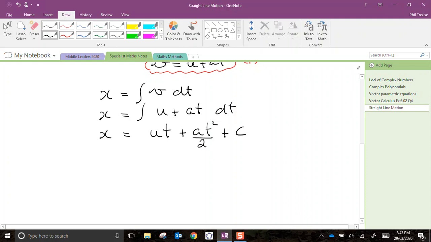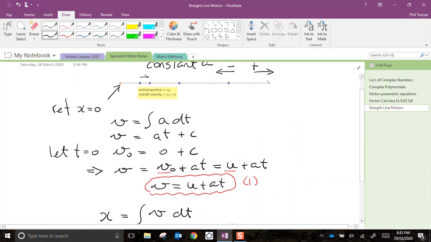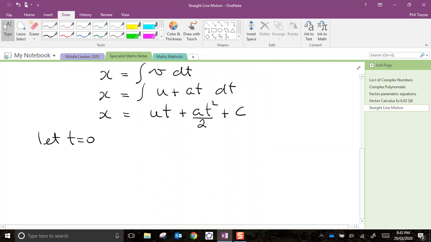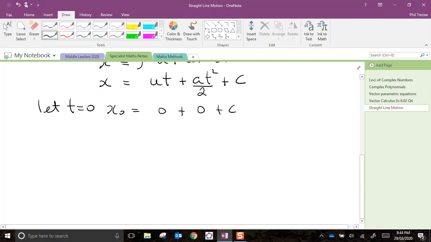Now, how do we evaluate? Again, we consider the initial conditions. We let t equal 0. Now, as noted earlier, when t equals 0, the original position of our particle was designated as x naught. So we have x naught. u times t would be nothing. a times t squared over 2 would be nothing. Again, the constant of integration is the initial position, x naught.